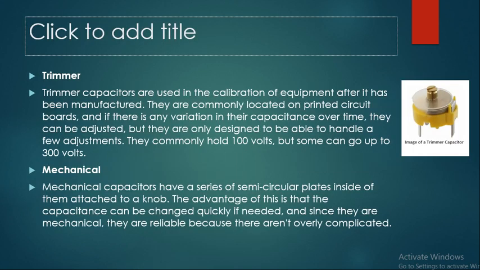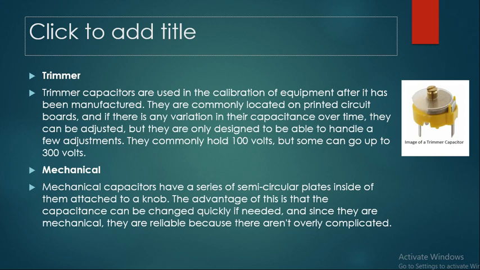The next category in variable capacitors is trimmer. Trimmer capacitors are used in the calibration of equipment after it has been manufactured. They are commonly located on printed circuit boards, and if there is any variation in their capacitance over time, they can be adjusted.